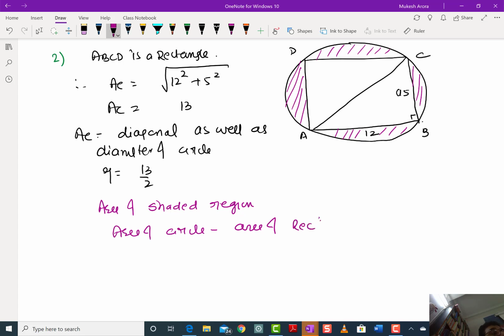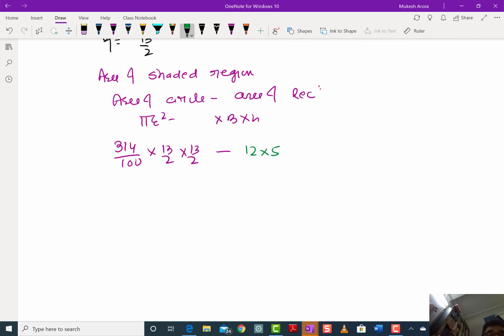Area of circle is pi r square minus half into base into height, 3.14 by 100 into 13 by 2 into 13 by 2 minus 12 into 5. So this will be 132.6 minus 60, 72.67 centimeter square.